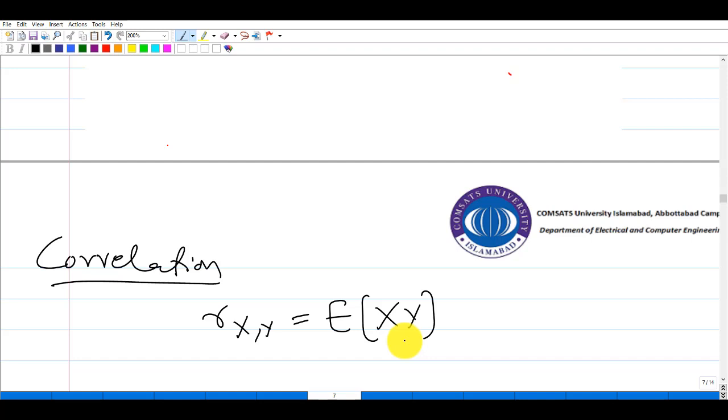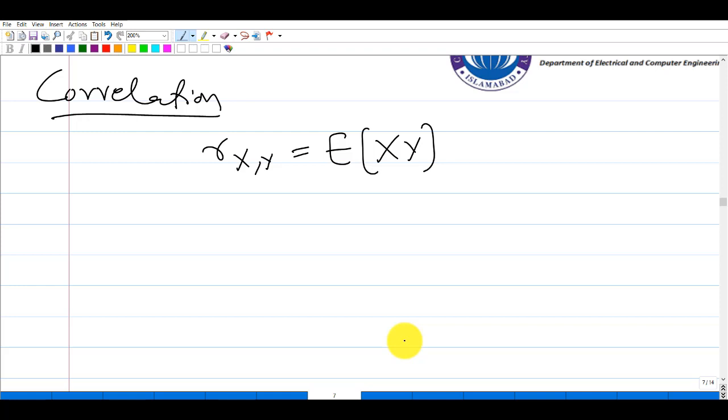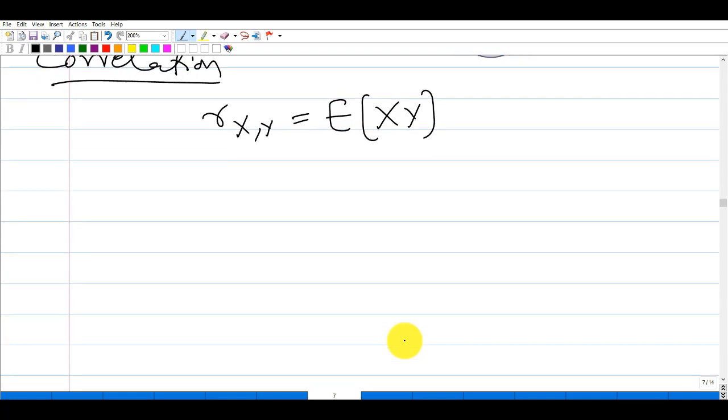We can define another theorem to define certain properties. It is theorem 5.16.